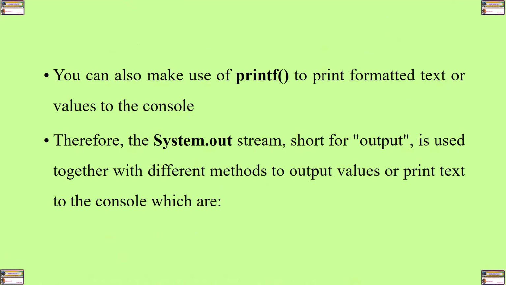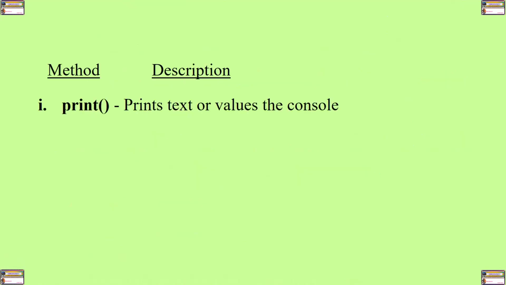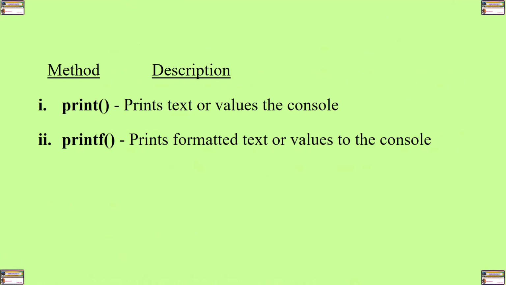Therefore, the System.out stream, short for output, is used together with different methods to output values or print text to the console, which include the following. We have print. It prints text or values to the console. We have the printf method.